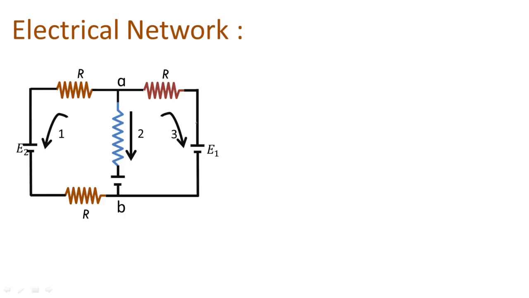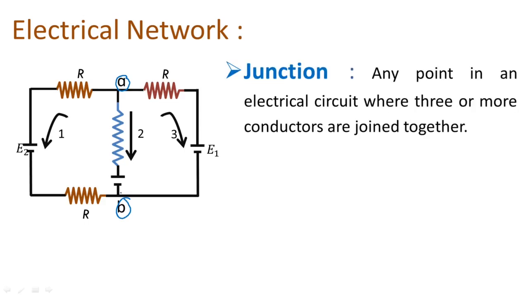The points A and B are known as junction points, where three or more conductors are joined together. Any point in an electrical circuit where three or more conductors are joined together is called a junction point.